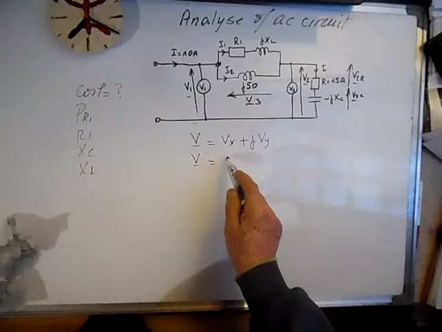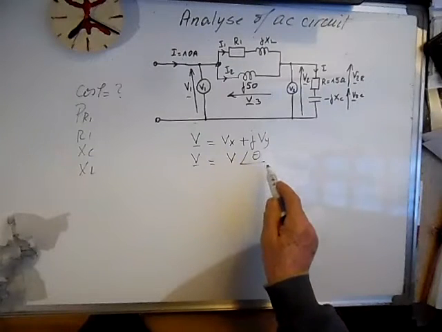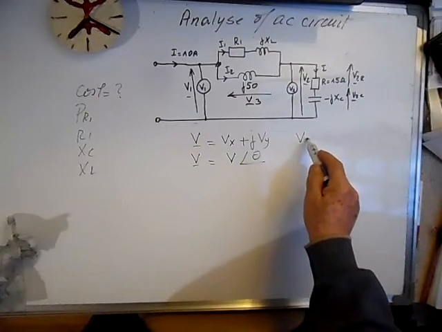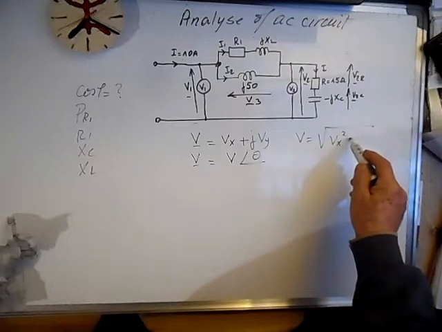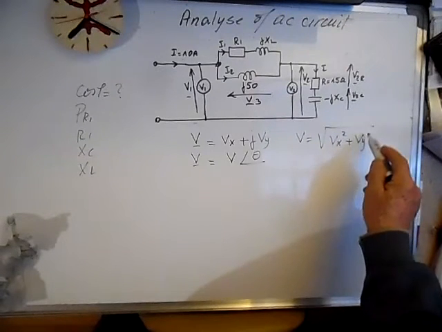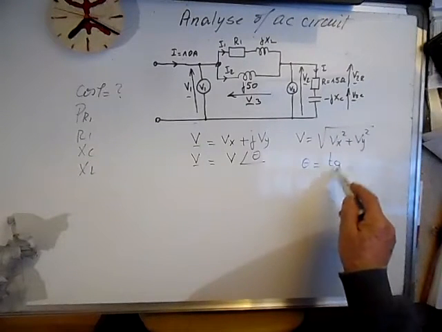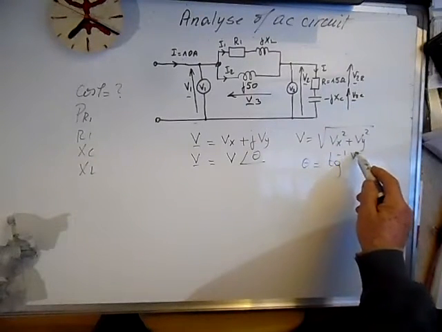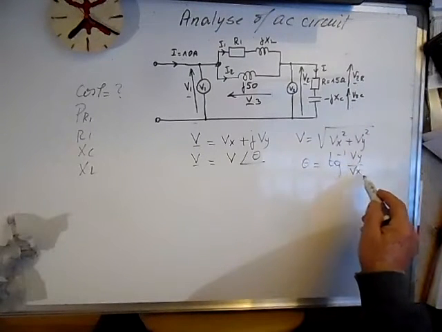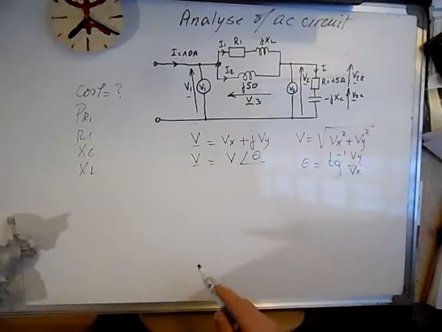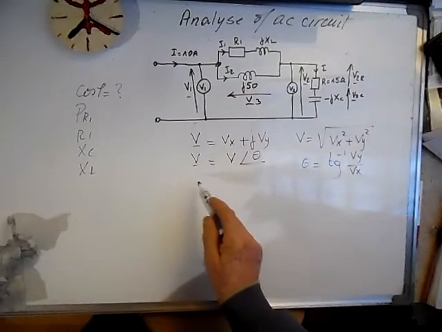We can write it this way: V and the argument, where V is the module, the square root of Vx squared plus Vy squared. Theta is the arctangent of Vy over Vx. This is another way of writing, and it is good for Ohm's law.